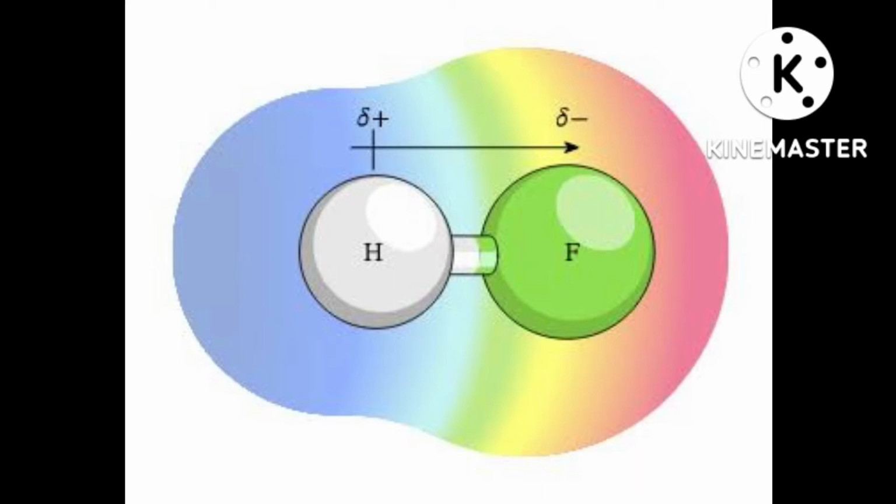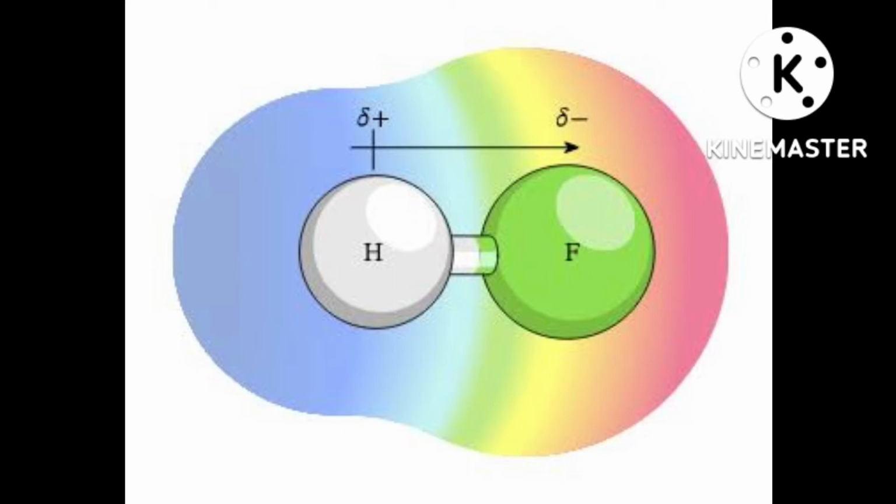Electron gain enthalpy provides a measure of the ease with which an atom adds an electron to form an ion. Now I am telling you, to gain the electron, two things are possible.